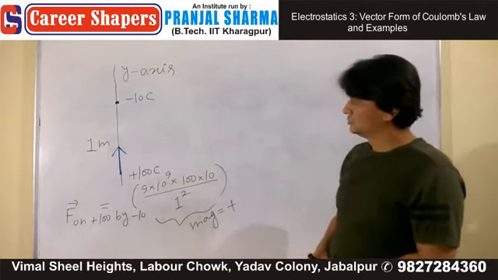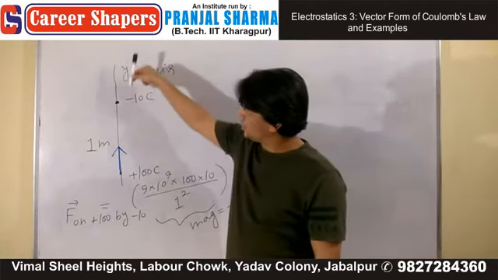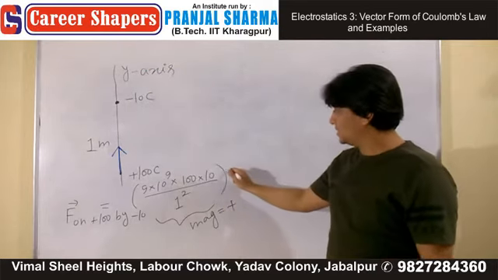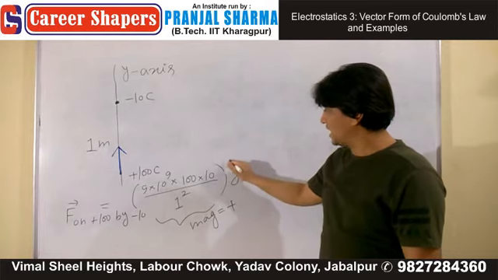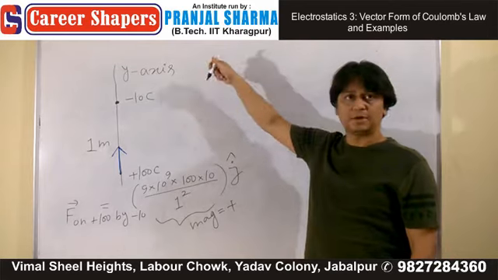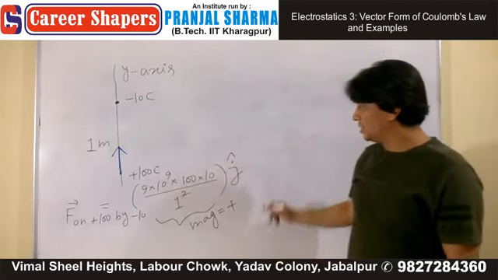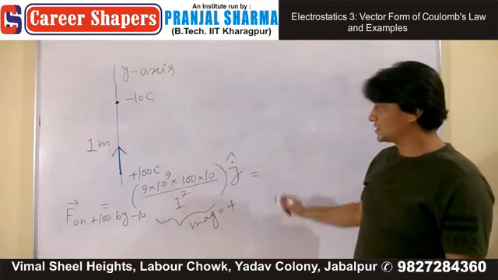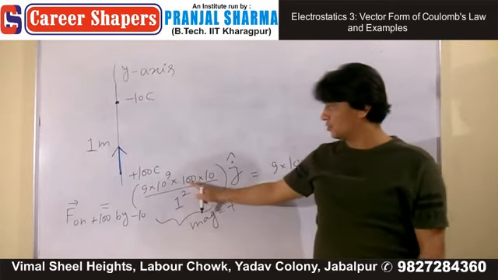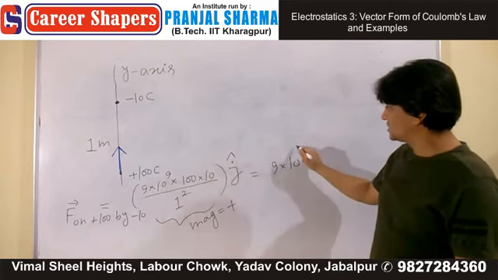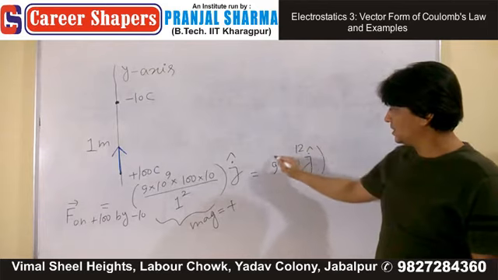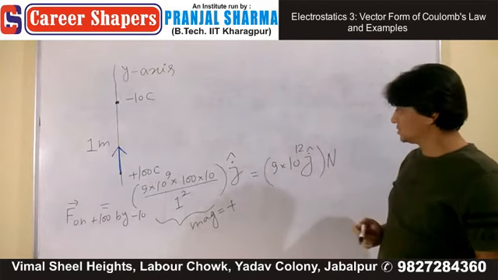Regarding direction, what is this direction? This is up. What is up? Up is called j cap. Up is j cap. Down is minus j cap. What is this coming? This is coming 9 into 10 to the power 12 j cap newtons.